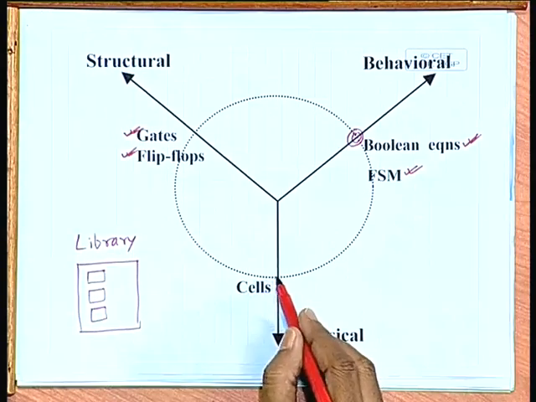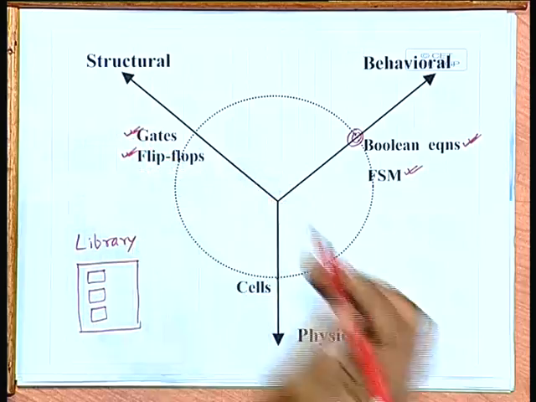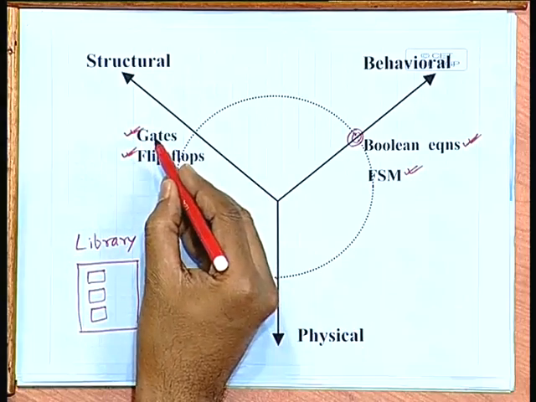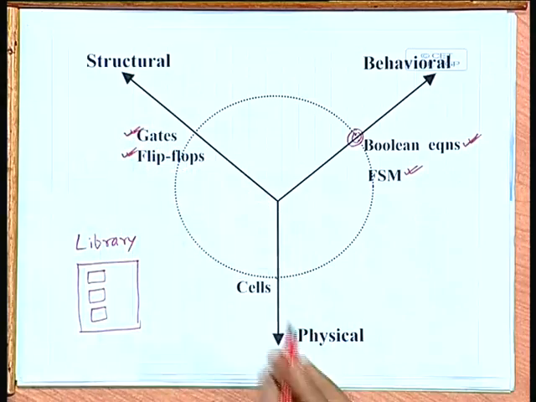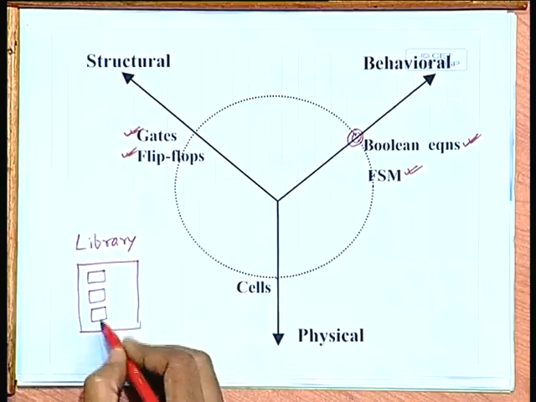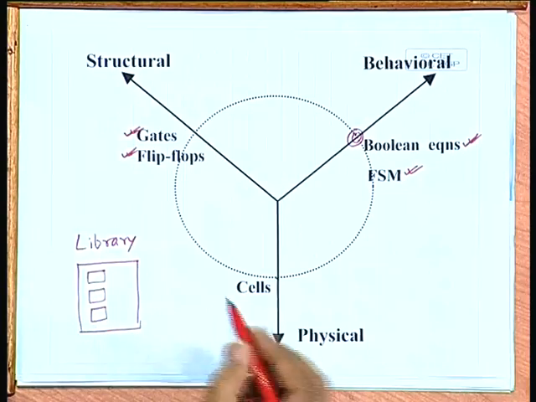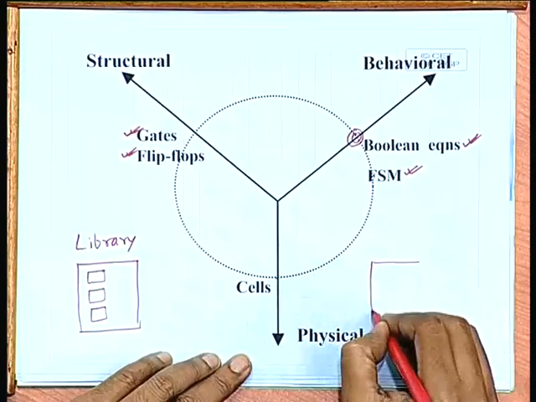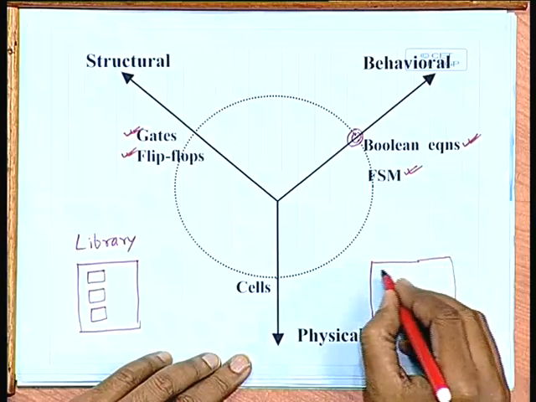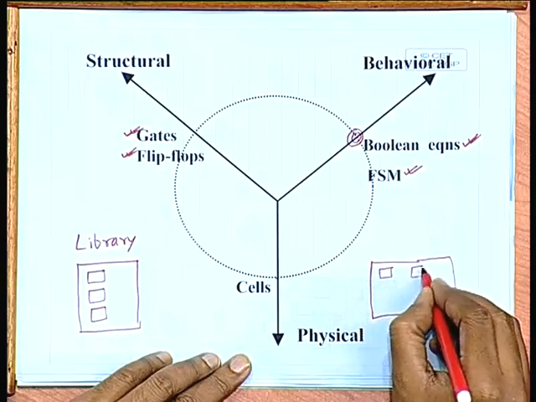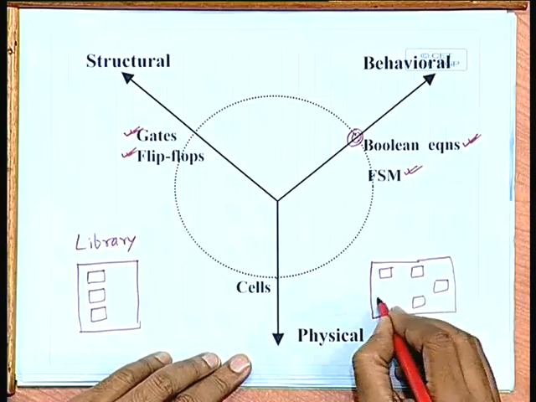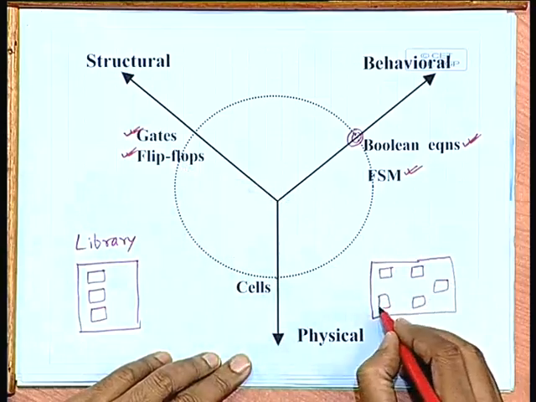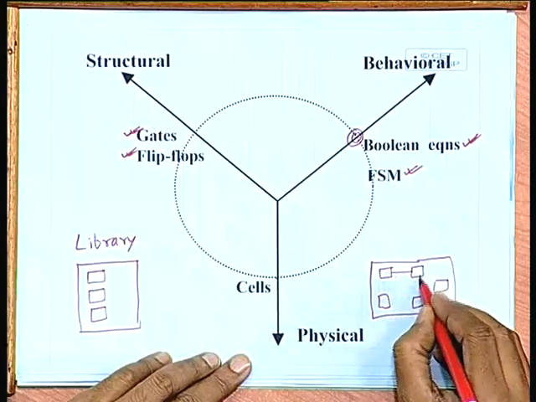So, at this level, once you have the gate level implementation, you simply replace each gate or each flip-flop by the corresponding cell available from the library. So, now at this level, you actually have a tentative layout on silicon where you have the cells. These cells are fairly low level cells, gates and flip-flops, and the way they are interconnected.